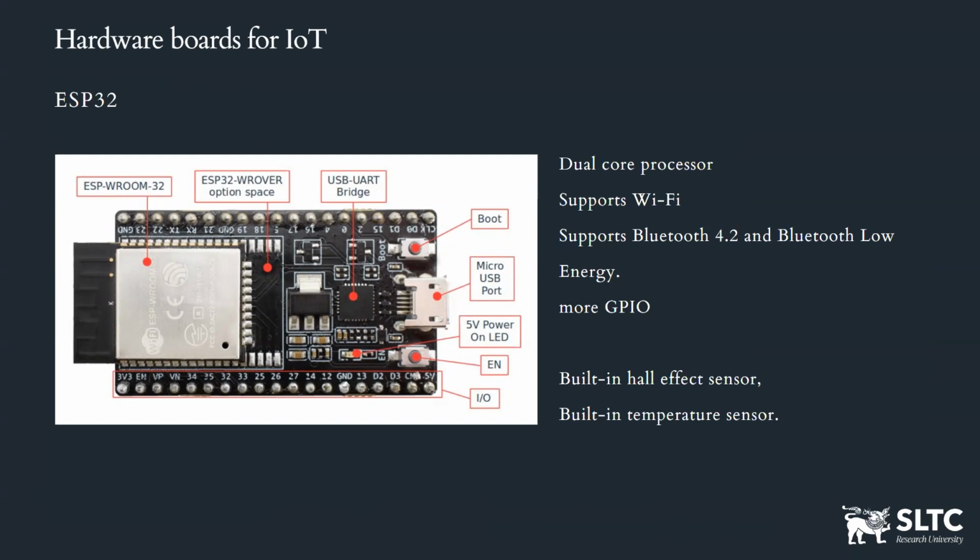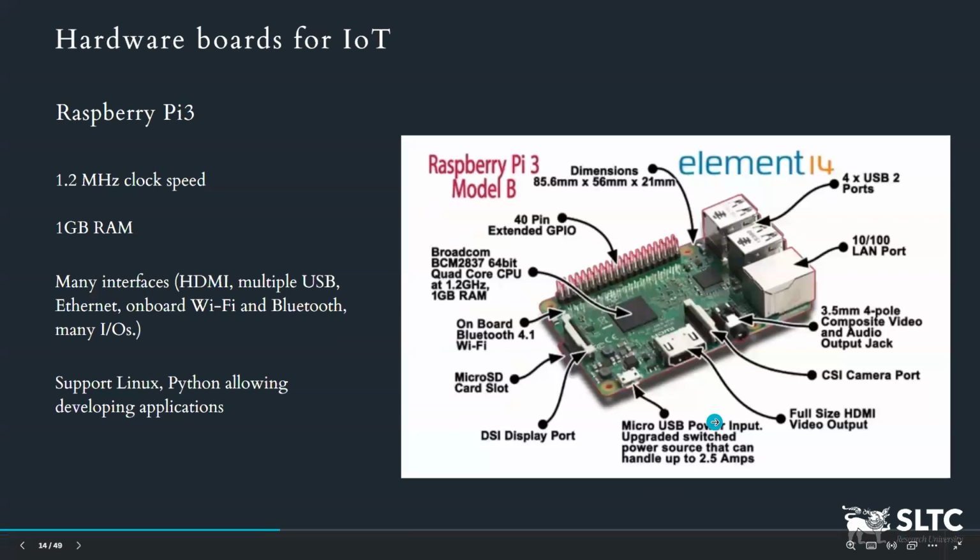We have Wi-Fi connectivity, Bluetooth and Bluetooth low energy connectivities. And it also has more input or output pins than the Node MCU controller board. It has Hall effect sensors in place, built-in temperature sensors and built-in touch sensors, as we discussed.